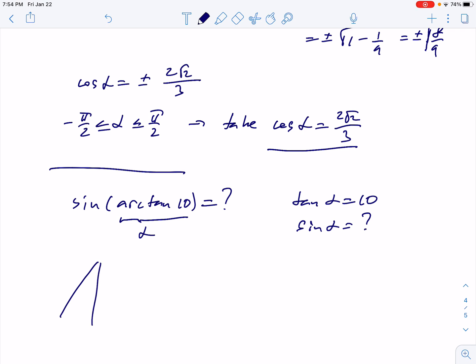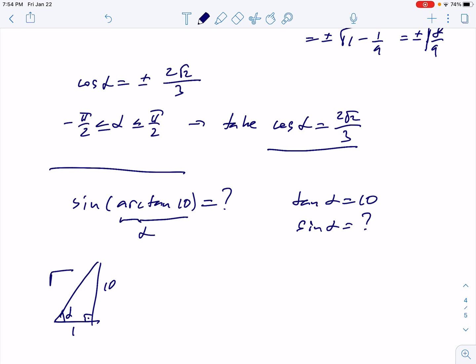Here we draw a right triangle, with alpha in the same position like before. We model tangent alpha equals 10. Tangent is opposite to adjacent, so 10 here and 1 down next to alpha. And again, we have to find the hypotenuse. 10 squared is 100 plus 1, 101.